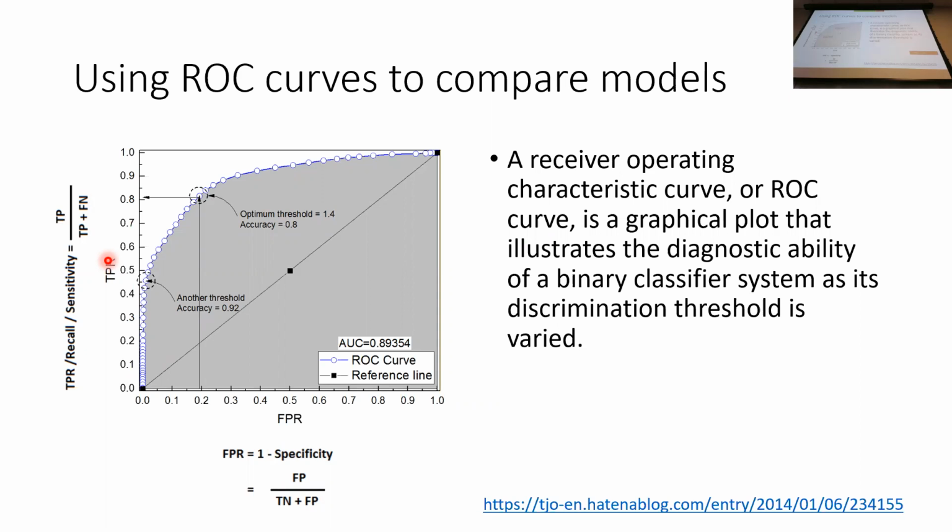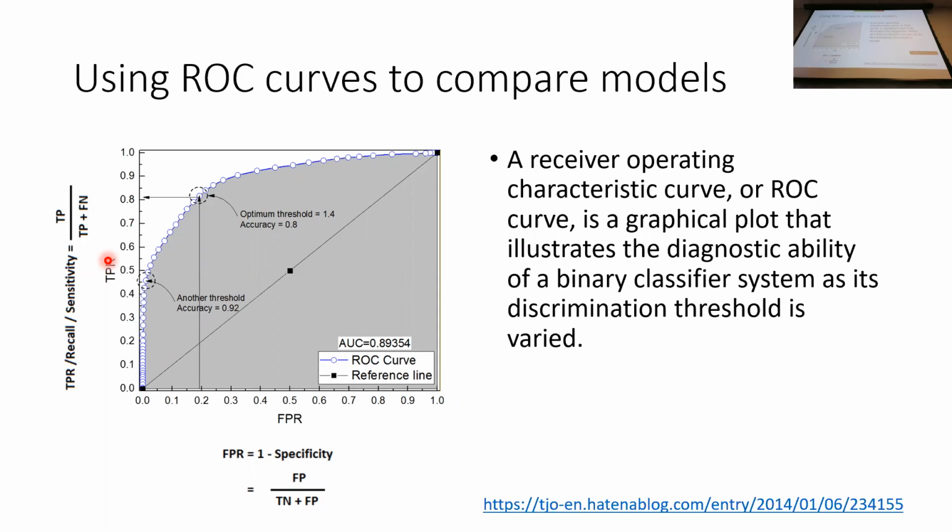To guarantee you have the best method, you have to look at this carefully. If you say false positive rate here, that's fine, you have 0 to 1.